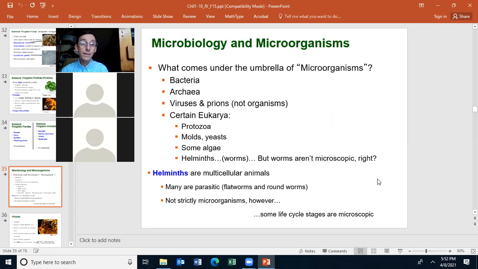And certain of the eukarya also fall under the umbrella of a microorganism. All of the protozoa, and they're single-celled, and you need a microscope to see them. The molds and the yeast are microorganisms. Some of the algae, if they're microscopic, we consider them a microorganism.